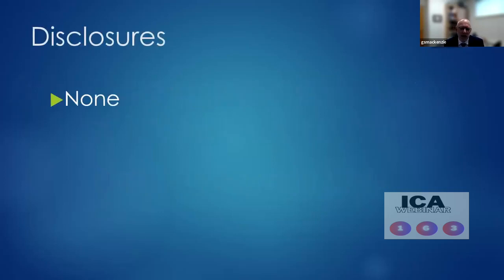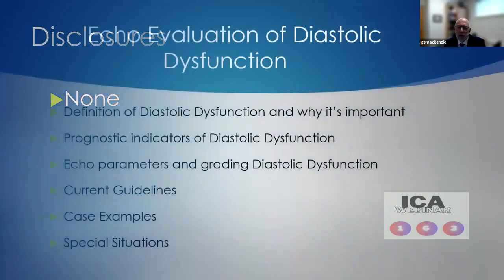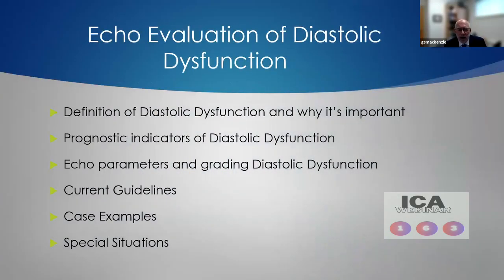I have no relevant disclosures. So what we'll be talking about today is the definition of diastolic dysfunction and why it's important. We'll look at the prognostic indicators as well as the consequences and the impact of diastolic dysfunction. I'd like to spend a fair amount of time going over the current guidelines and the echo parameters that are used within those guidelines to grade diastolic dysfunction.